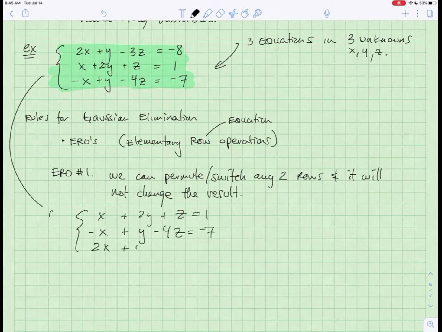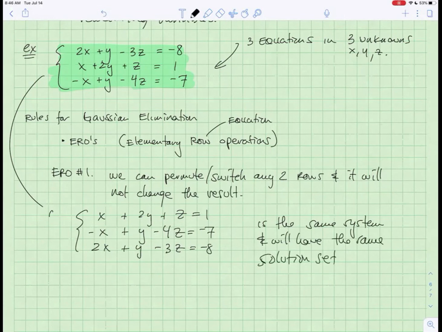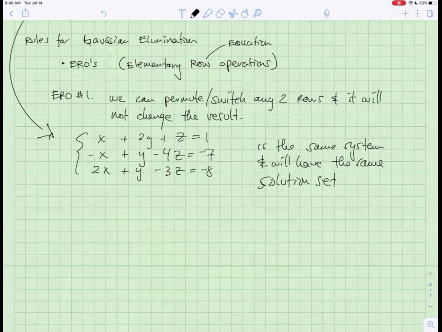And 2x plus y minus 3z equals negative 8 is the same system and will have the same solution set. So rearranging the order in which these appear isn't going to change anything.